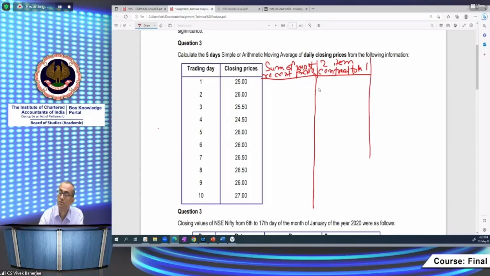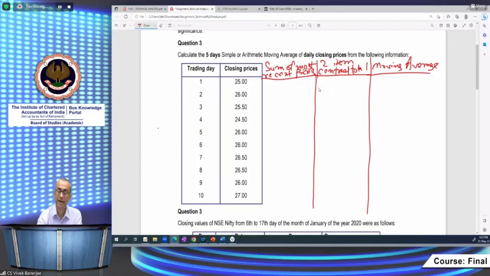And the third column is the moving average. The third column is regarding the moving average.